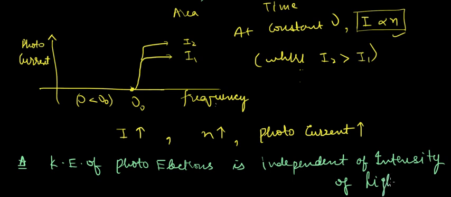And why are we saying that? Because the intensity of the photons will actually increase the number of electrons which are getting ejected from the metal plate or the cathode plate.